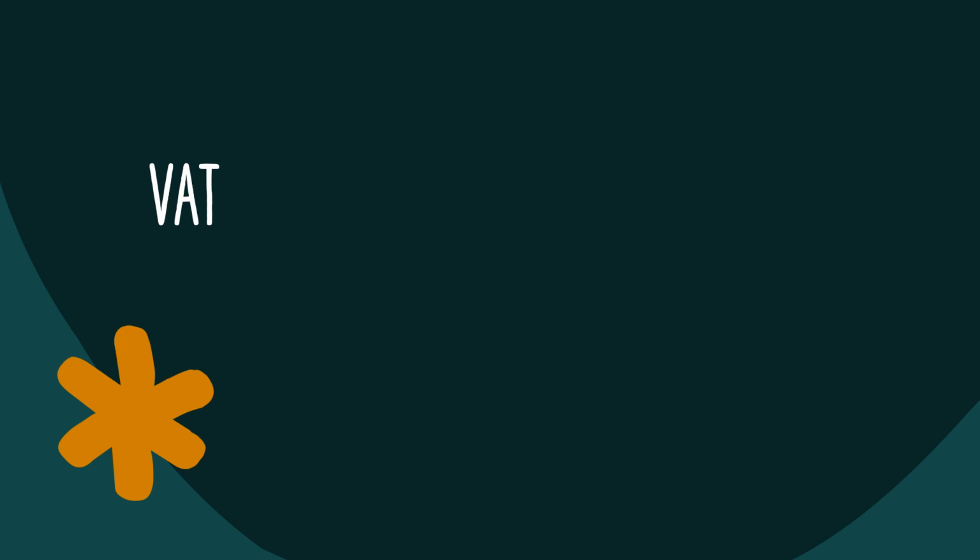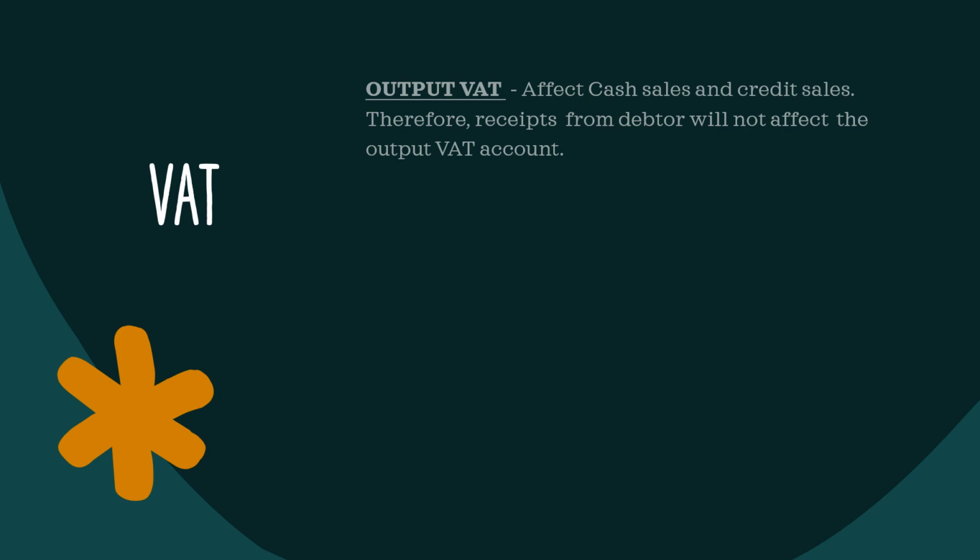Let's have a quick look at VAT before we move on to some examples. I'll make a video on VAT discussing that in fuller detail a bit later. But for now we know that output VAT will be affected by cash sales and credit sales. Therefore, the receipt from a debtor will not affect the output VAT account, and the reason for this is that the VAT was already recorded when the credit sale was transacted.